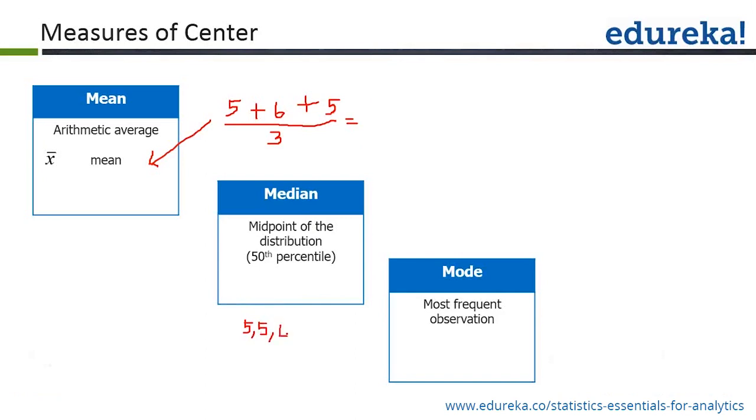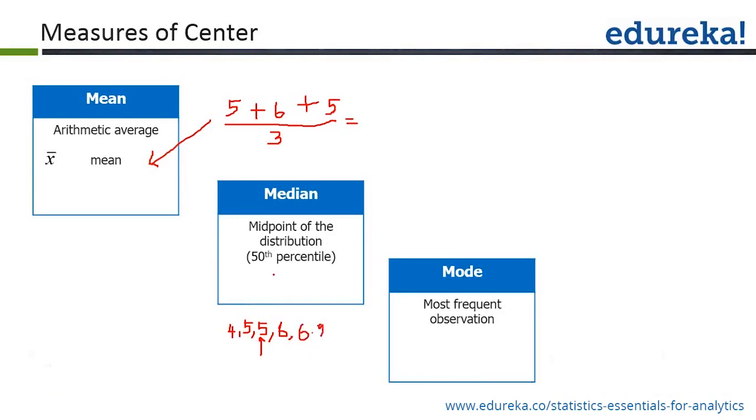Here you will realize that the midpoint of the distribution is this. Through which you can say that 50% of the guys are on either side. Let us assume we have got some more data, say 4 and 6.5 or so on.